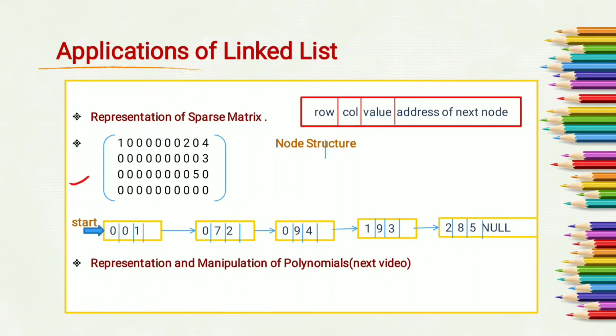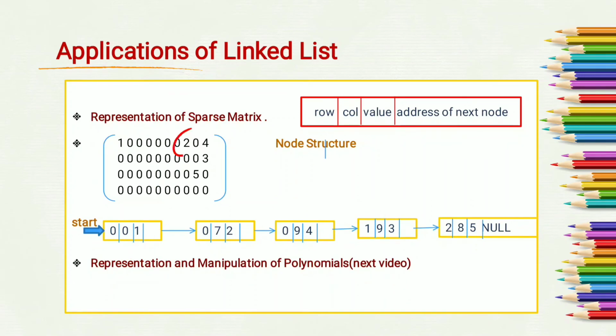So to represent this sparse matrix in linked list format, first we have to find where the first element is stored in the sparse matrix. Here you can see this element is stored in 0 row and 0 column. So row number is 0 and column number is 0 and value is 1, and next is the pointer to the next node.